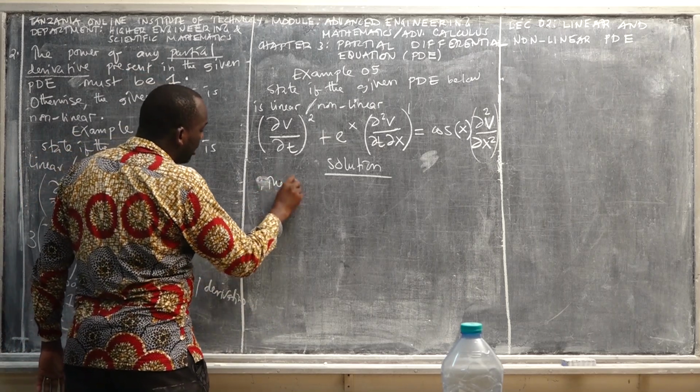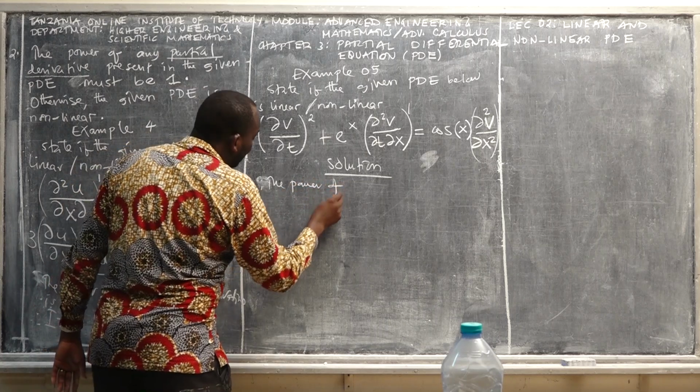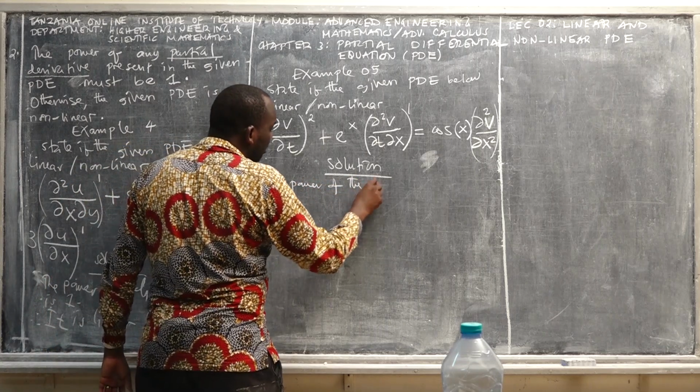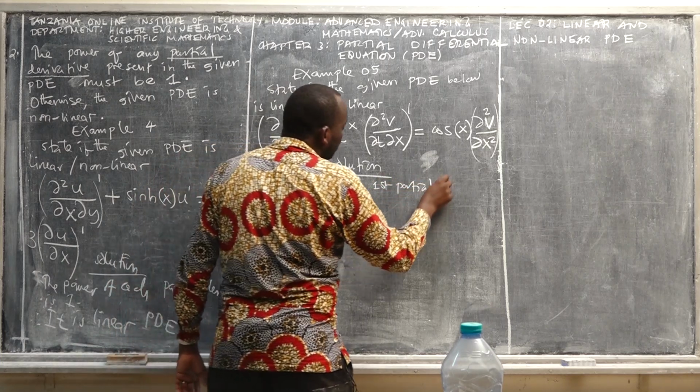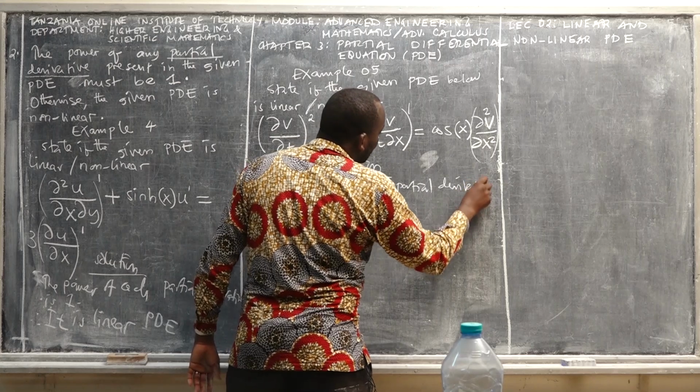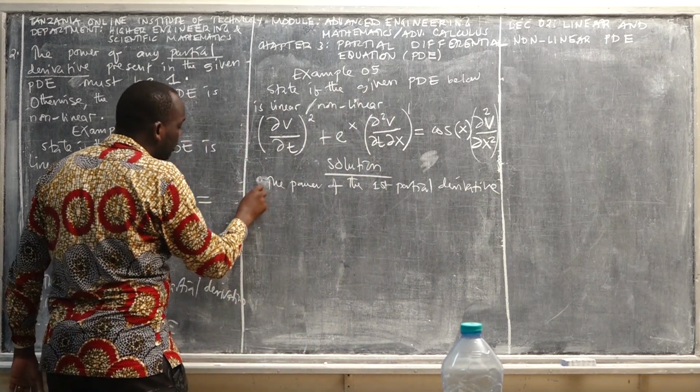So you say the power of the first partial derivative is 2.